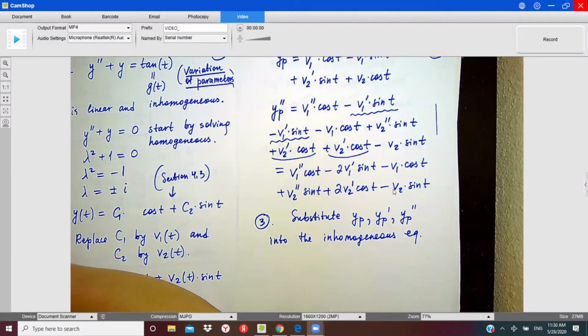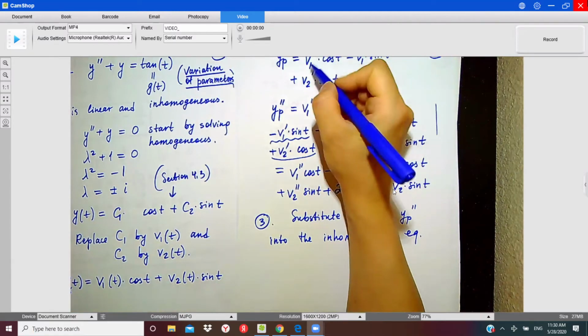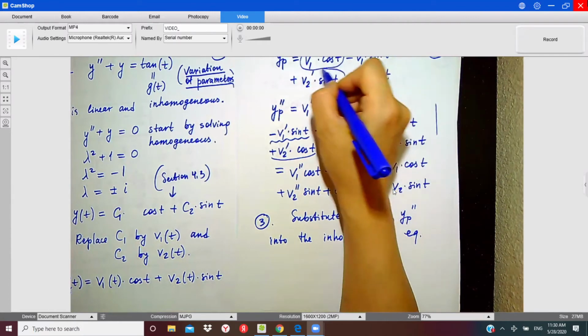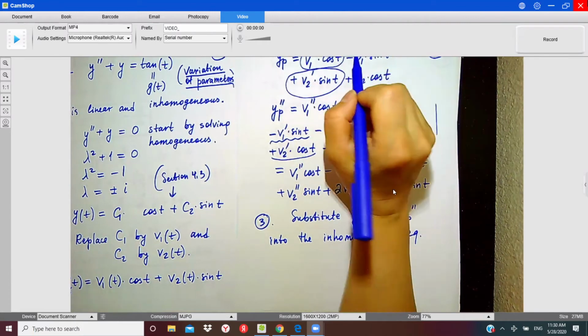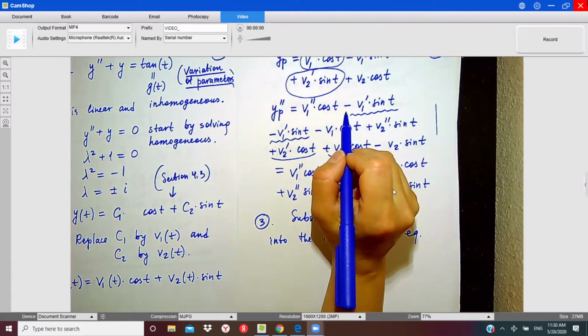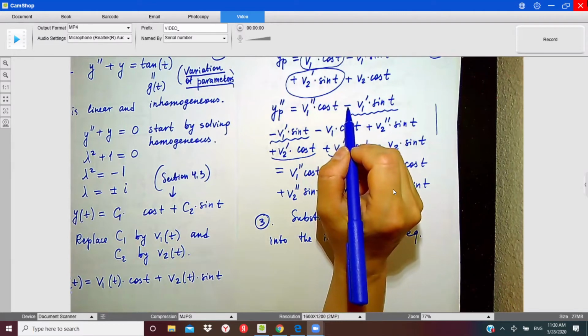They set the expression containing first derivatives, so this one right here and this one, they set those two equal to 0. The sum of those two terms equal to 0. This is to simplify computations.